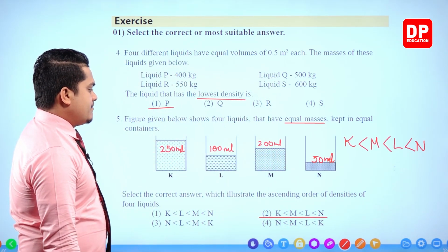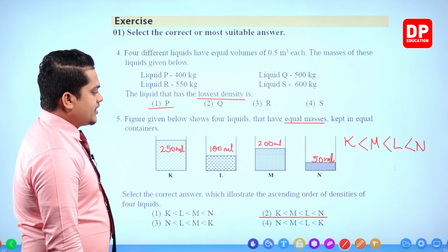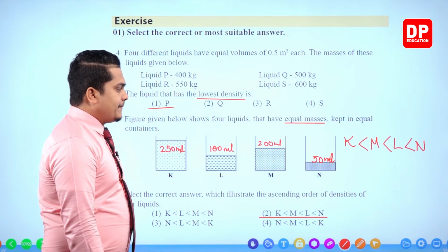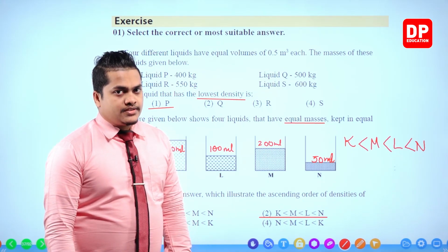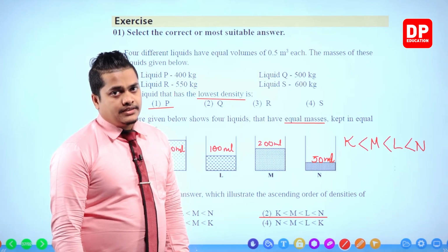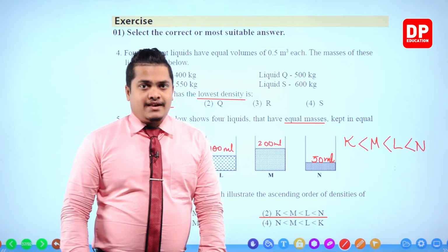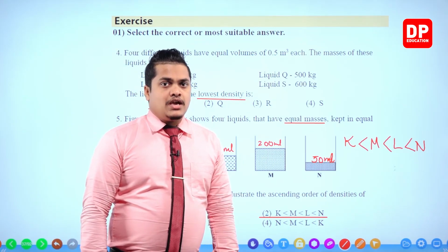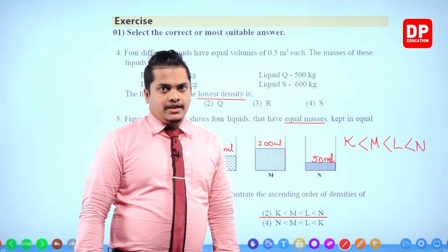K, M, L, N. So this is the volume, my dear children. This is the relationship between volume and the density. Always remember, volume and density have an inverse relationship. Higher the density, lower the volume. Lower the density, higher the volume.